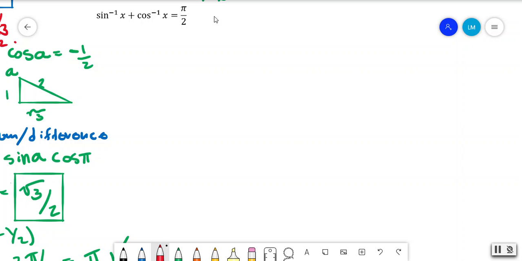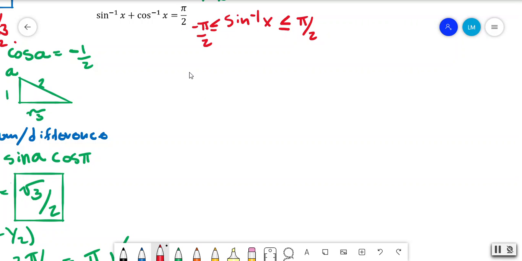was able to notice that, based on the definition, first off, I know that sine inverse of x is going to range from negative pi over 2 to pi over 2.